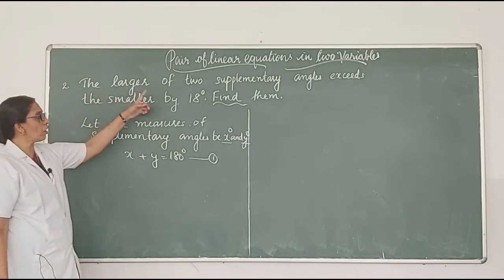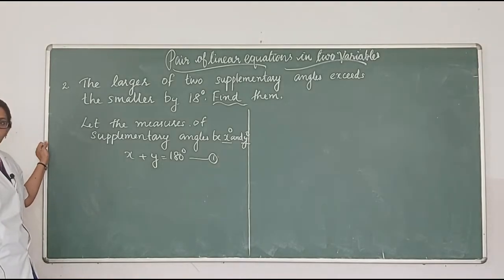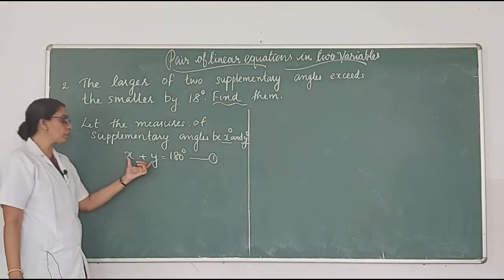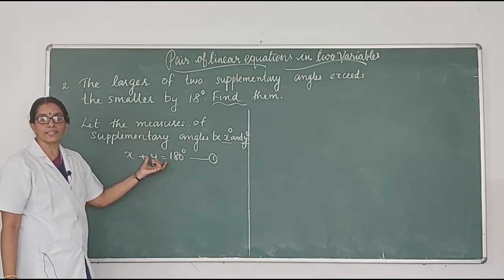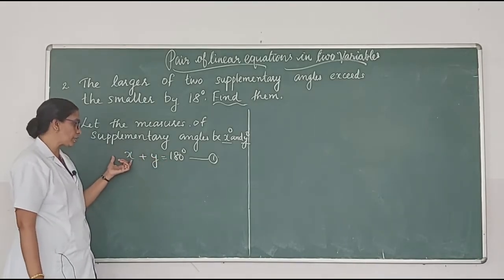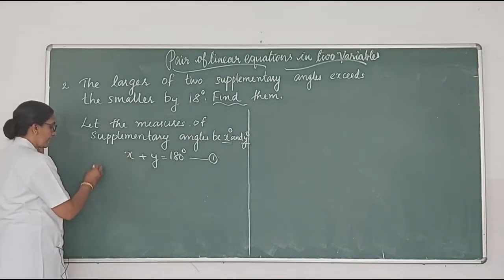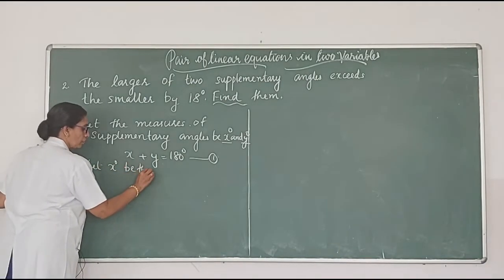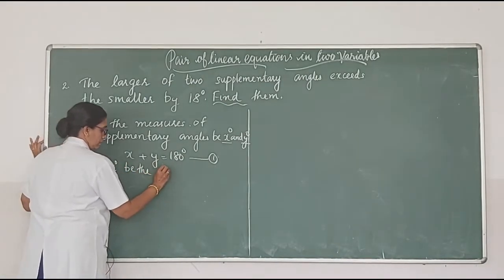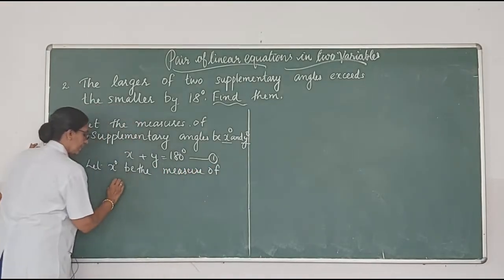The larger of two supplementary angles exceeds the smaller by 18 degree. Okay, so we have two different angles, one is larger and another one is smaller. Here we can assume x as larger angle. So that we can write let x degree be the measure of larger angle.